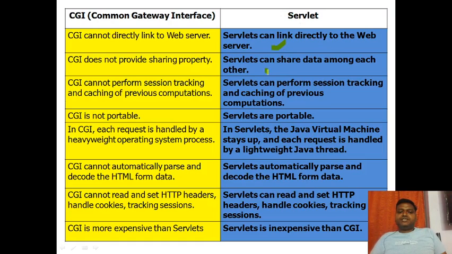Servlets can share data among each other. Servlets can perform session tracking and caching. Servlets are portable. You know that Java is portable. When we say Java is portable, servlet is also portable. In servlets, the Java virtual machine, for each request, will invoke a lightweight thread.